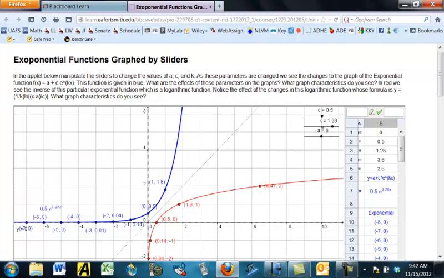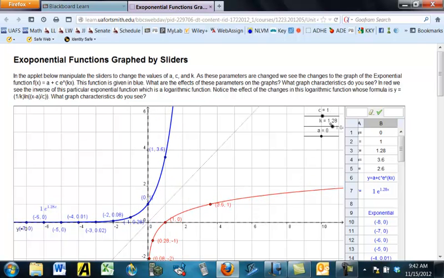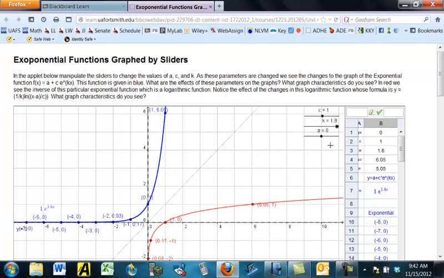There we go. Alright, now I can move it. Let's see if we can get the C back to 1 for now. Okay, and there we go. Alright, now it's allowing me to move, maybe.